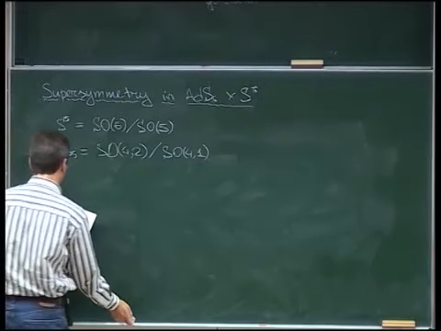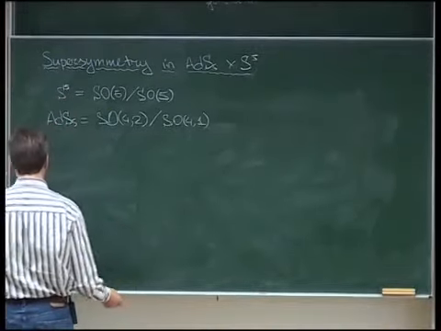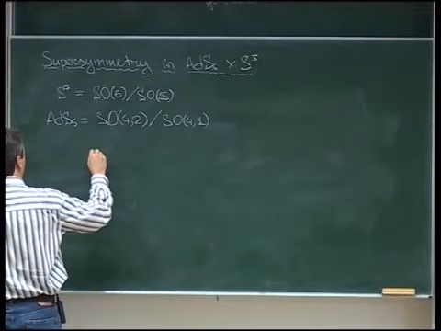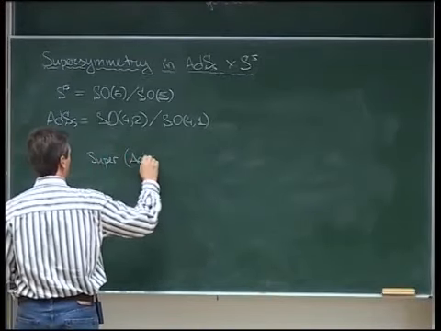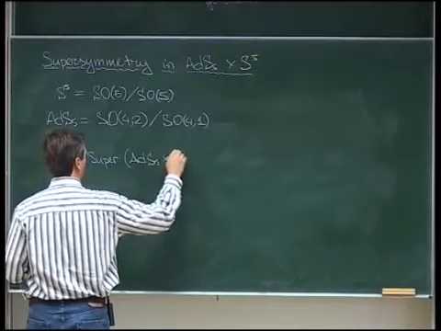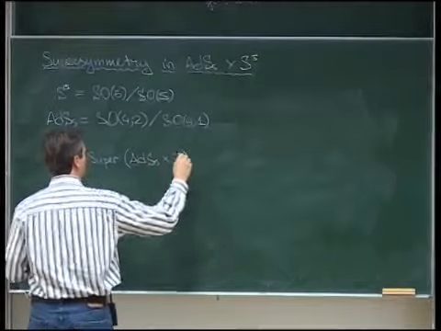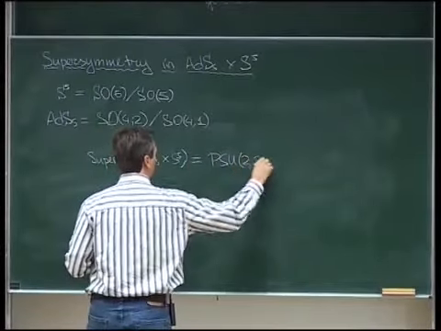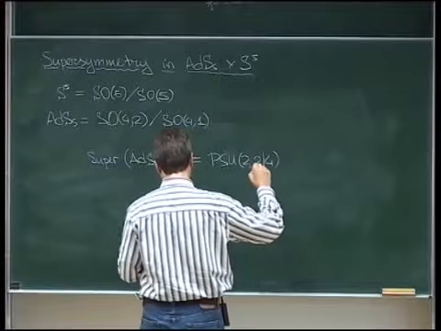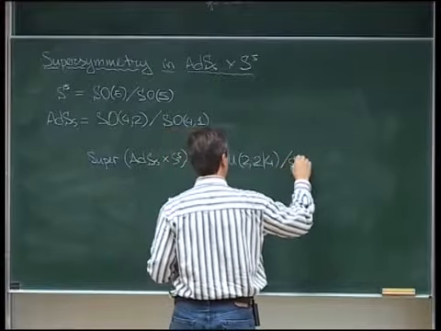So the corresponding superspace is obviously a coset of this superconformal group with the same denominator.